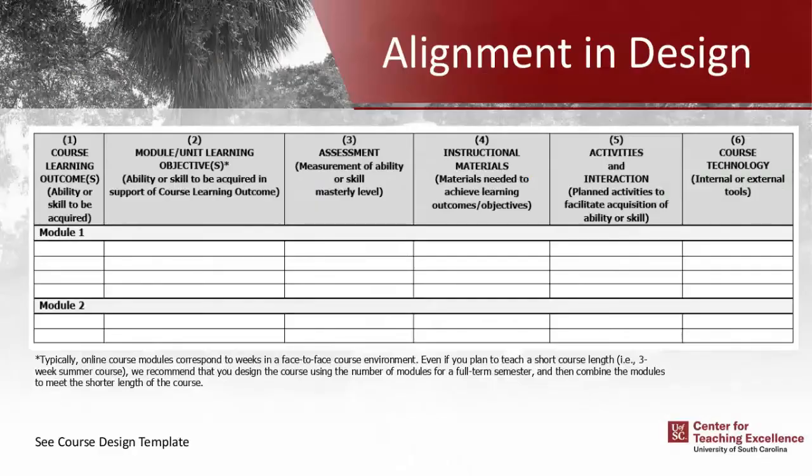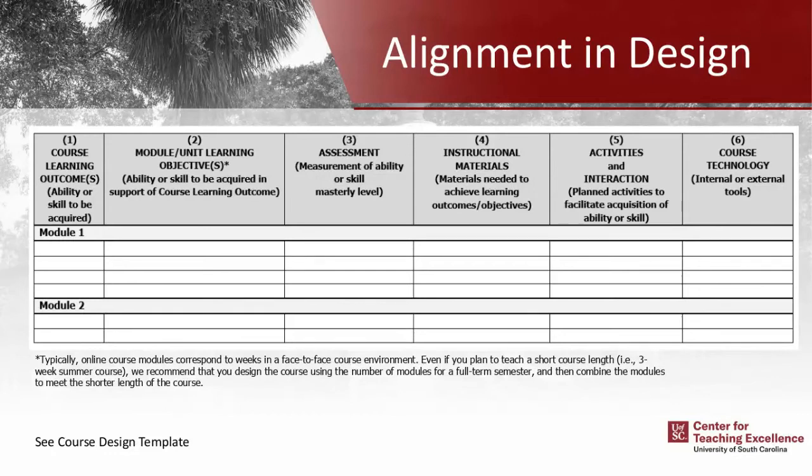As for alignment, critical components, as I mentioned earlier, work together to ensure that students achieve the desired learning outcomes and objectives. So all of these components work together and they are linked together. So you have your measurable course learning outcomes and module learning objectives, which form the basis of alignment in a course.